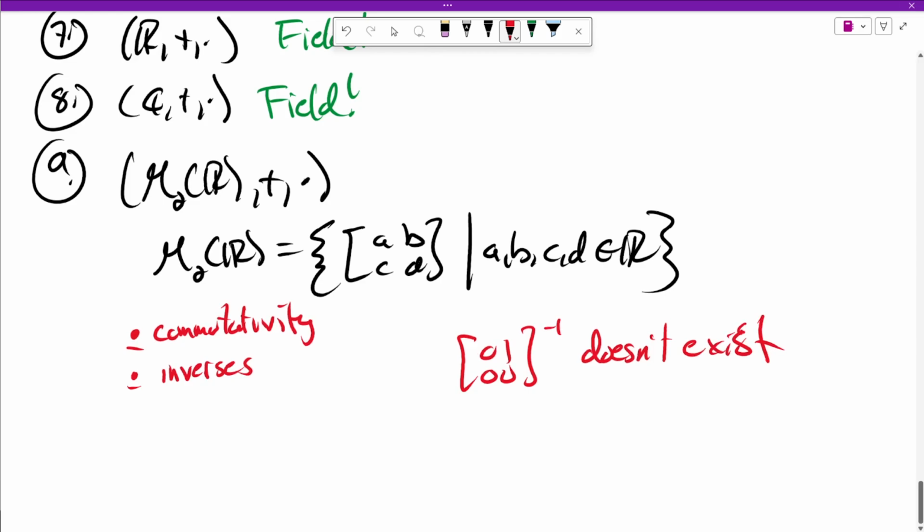But it satisfies all of the other properties, I believe, right? The distributive property holds. Multiplication is associative. There's an identity matrix and so on. So I think it just fails these two.